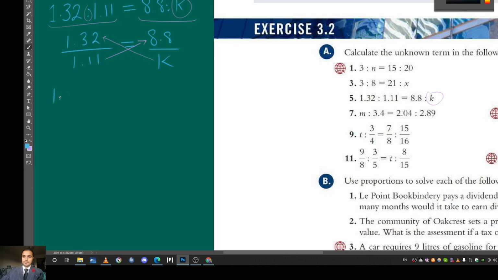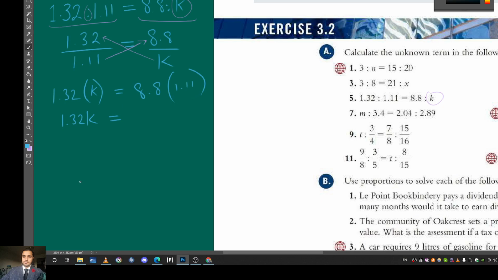So 1.32 times k, bracket represents multiplication, 8.8 times 1.11. Okay, 1.32 times k equals 8.8 times 1.11. So we are left with here on this side 1.32k equals 8.8 times 1.11.